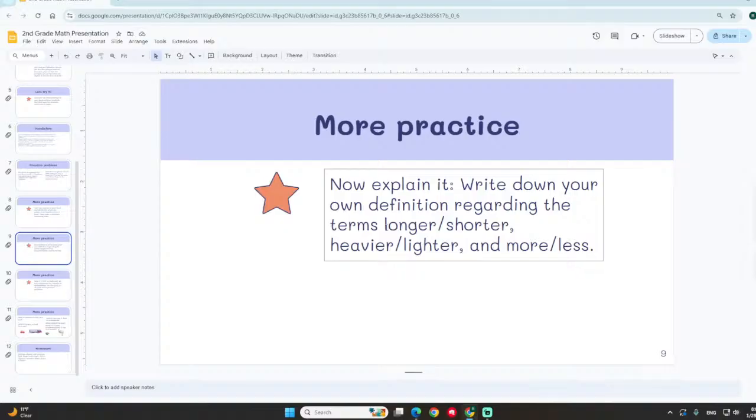Like one object is longer, one object is shorter than another object. Then write definitions for heavier and lighter, and then more/less. Do that in your notebook or on a piece of paper. Then we'll go over it.